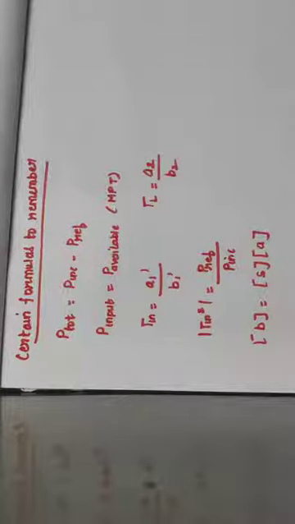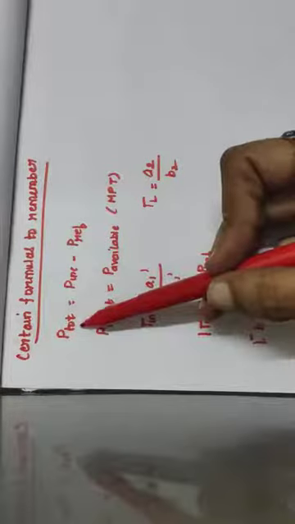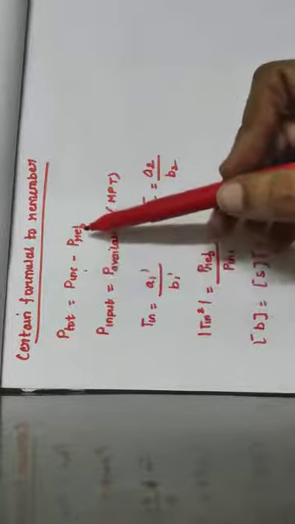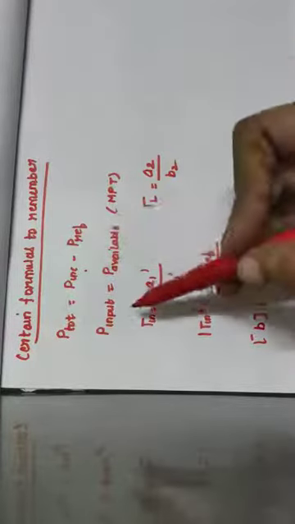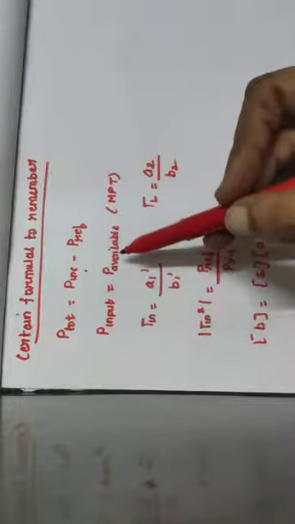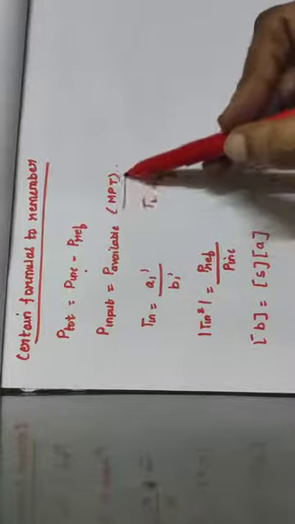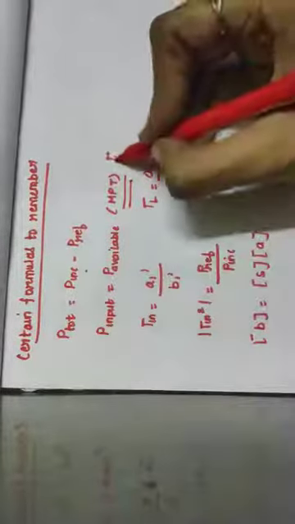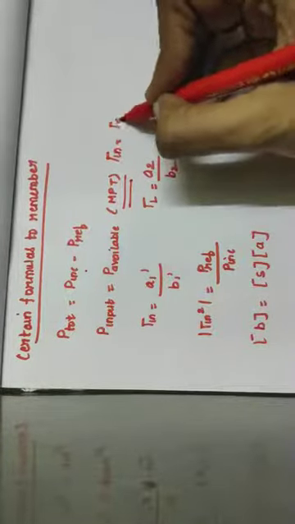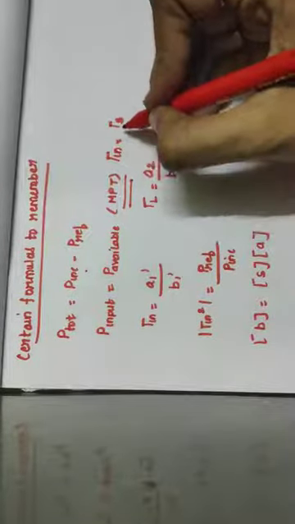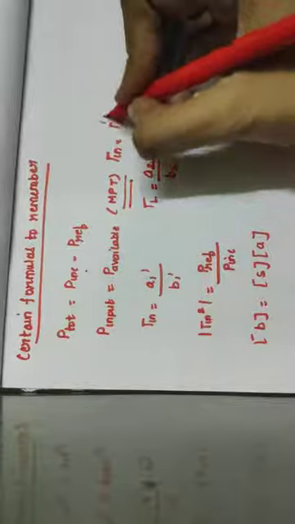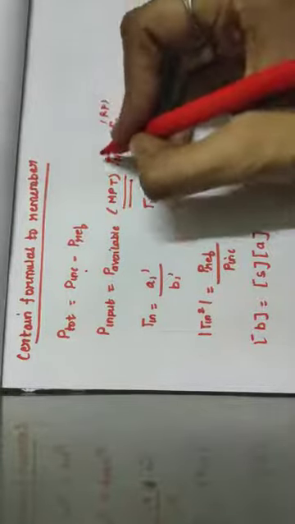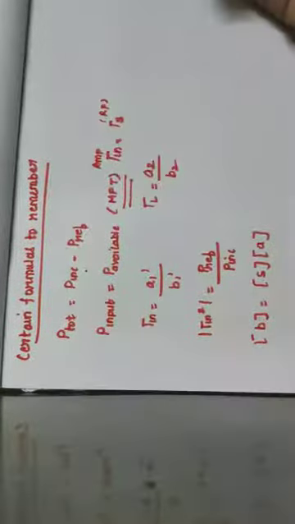Thus, to conclude the topic, let us see certain formulas that we have used in our derivation. The total power is the incident power minus the reflected power, and the input power becomes the available power under the maximum power transfer condition. So if you see the input side, when Γ_in is equal to Γ_S, when the input impedance is equal to your source impedance, this is at the RF source side, this is at the input of the amplifier.